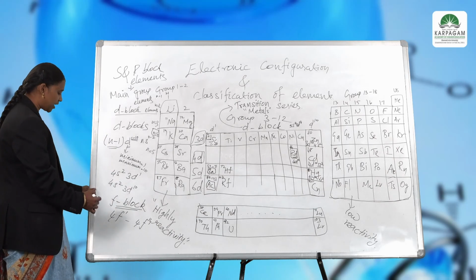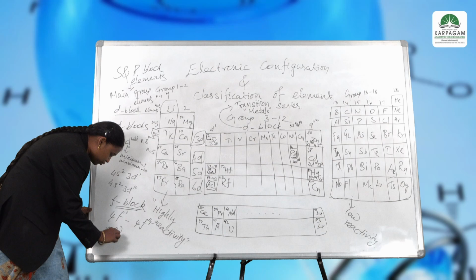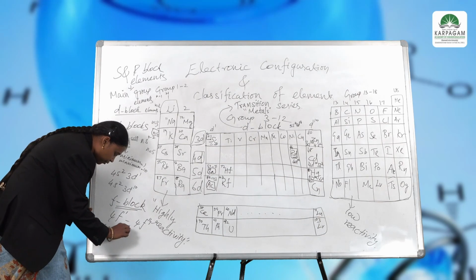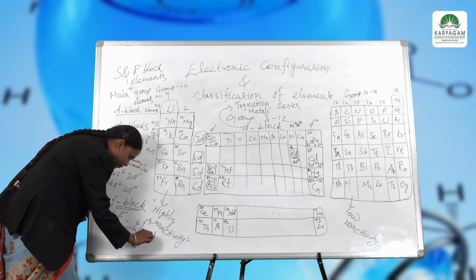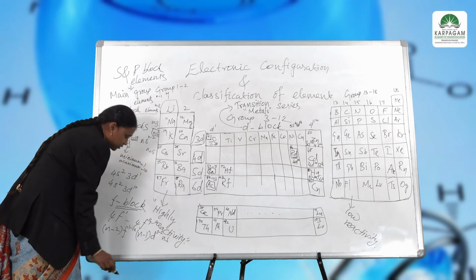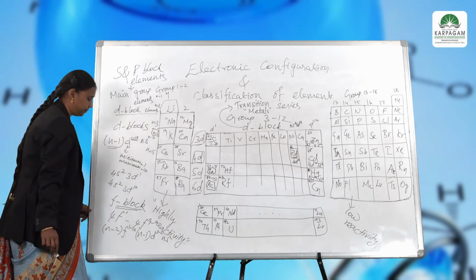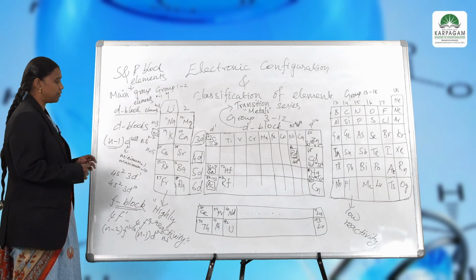So the general formula of the f block is (n-2)f 1 to 14, (n-1)d 0 to 2, and ns2. This is the general formula for f block elements.